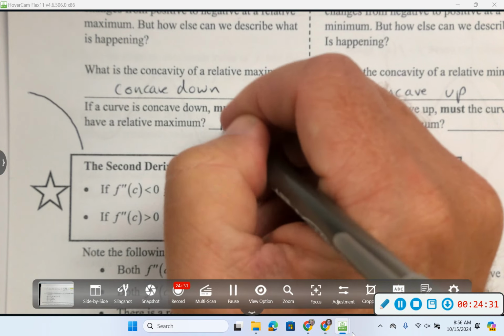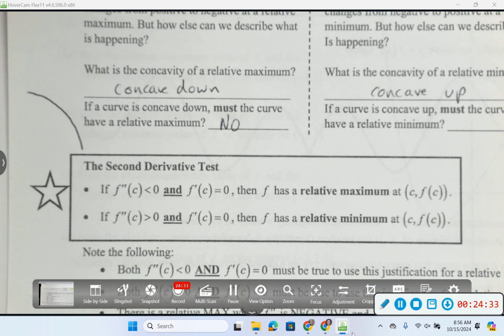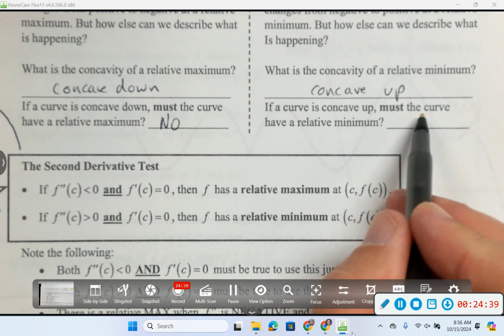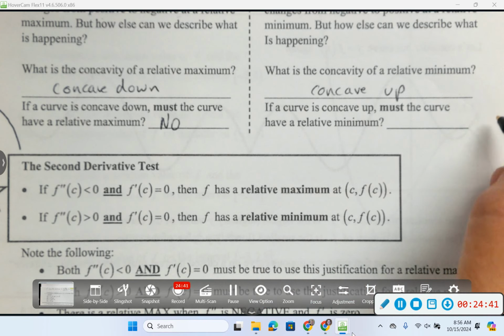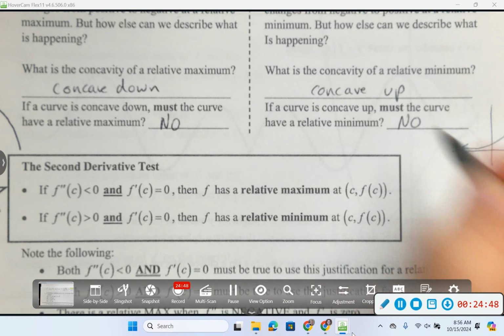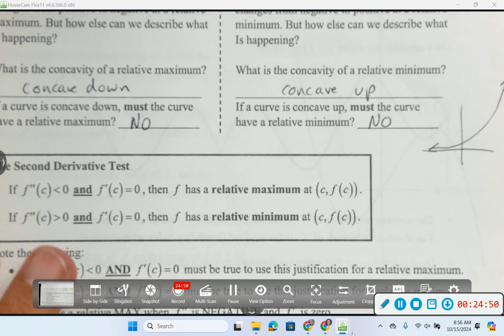So that answer is no. So we have to be careful. Same thing, if a curve is concave up, must the curve have a relative minimum? Well, if you think about the graph of e to the x, it's concave up, but there is no relative minimum.